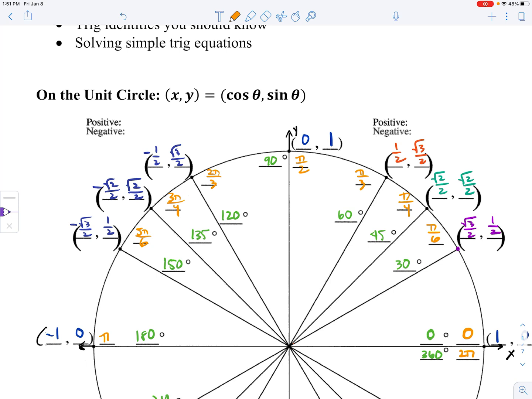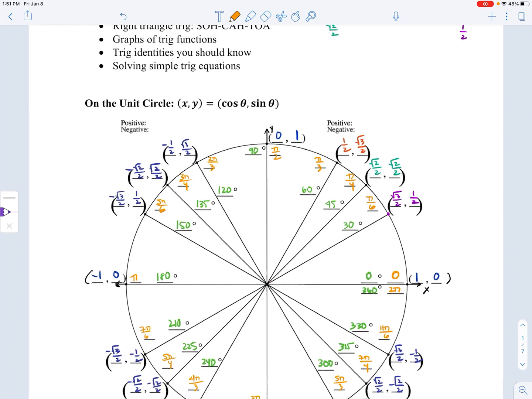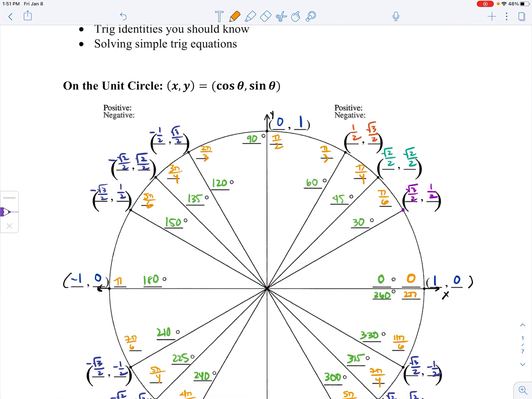Now, to use the unit circle as a reference, right? Since cosine and sine, if you think back to pre-calc and, well, actually you could even think back to geometry.